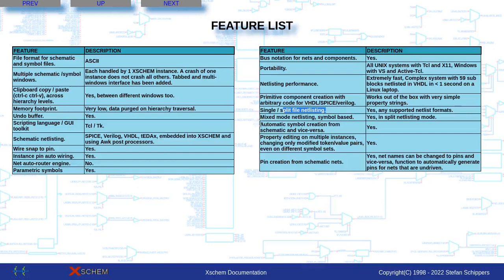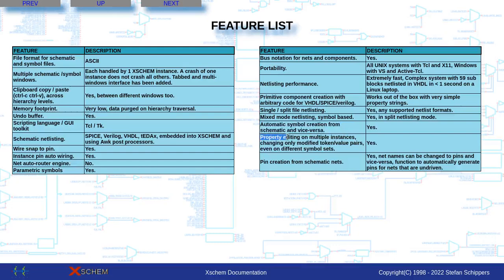We have also automatic symbol creation for schematic and vice versa. So if you create a schematic with the interface pins, it's very easy to automatically create a symbol for this schematic. Then you can edit the symbol to change the shapes or make it look even better.